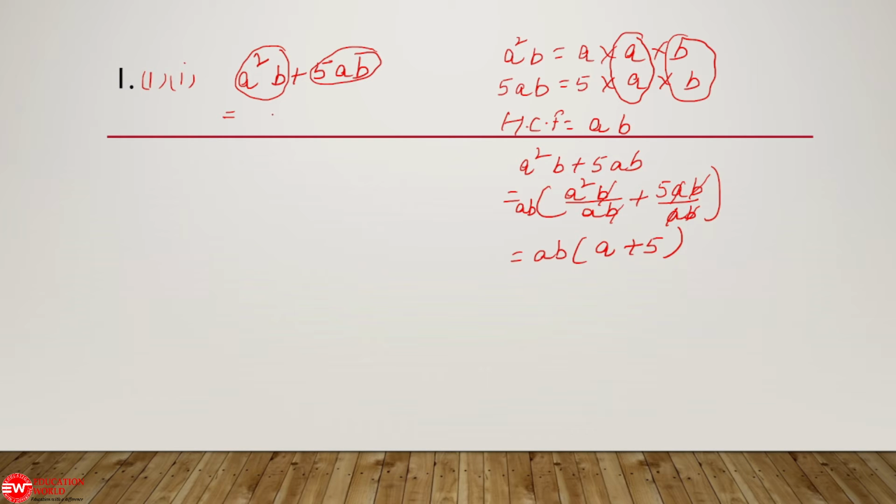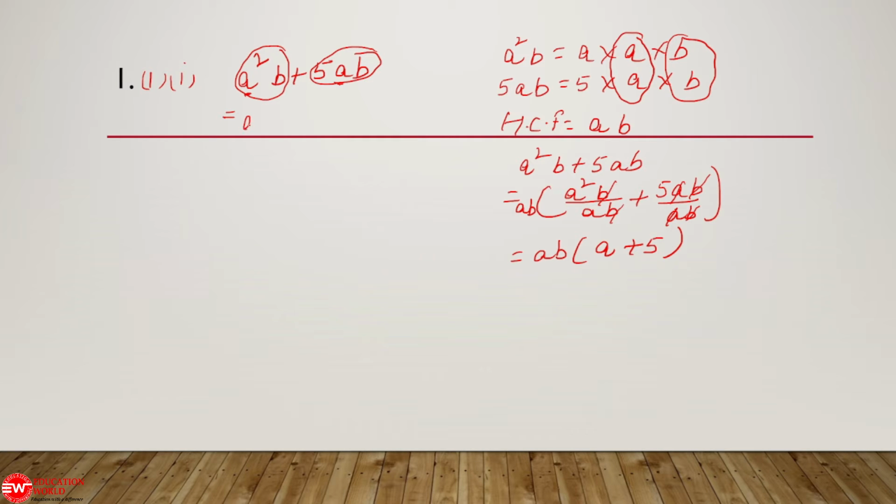Now how can we do it directly? First of all, see what is common between the terms. Numerically, 1 is here and 5 is here, so nothing is common except 1, which we can write, or it is our choice. The second is a square, here a power 1.